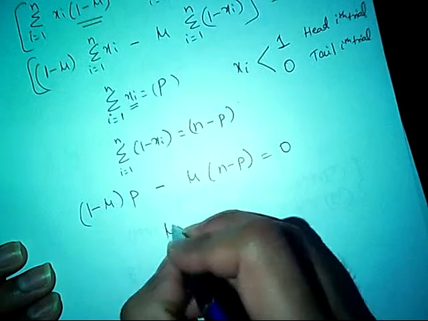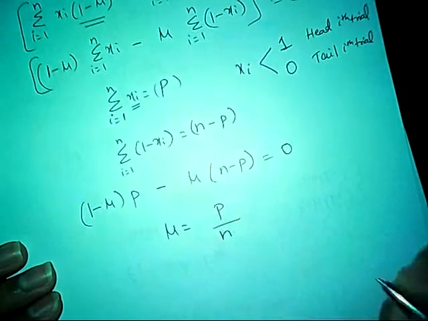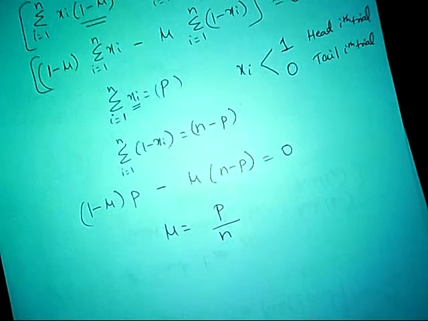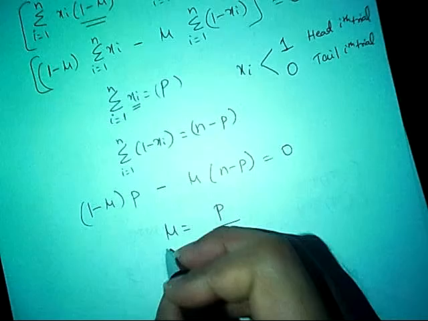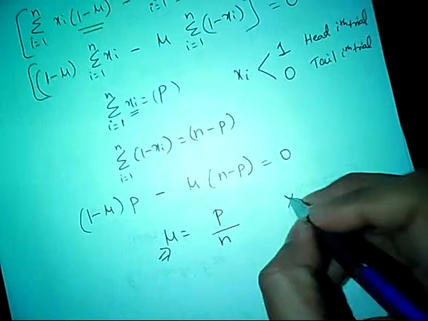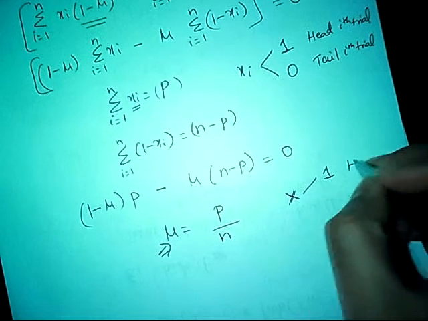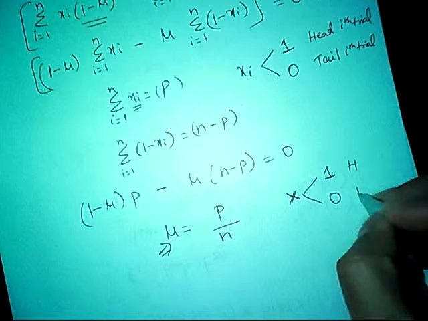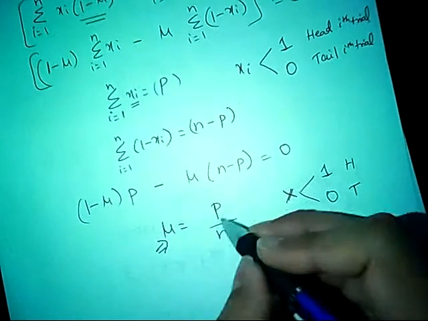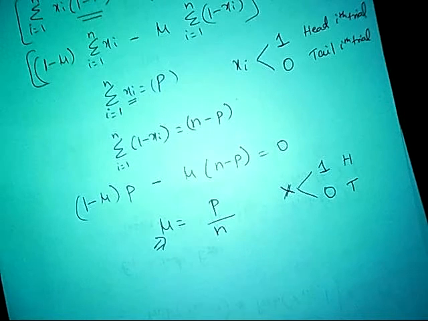Simplifying this further, we get mu equals p over n. So what this means is the maximum likelihood estimate of the mu, for the random variable x, which is 1 when we get a head and 0 when we get a tail, is the total number of heads that we have obtained in the n trials over the n trials.